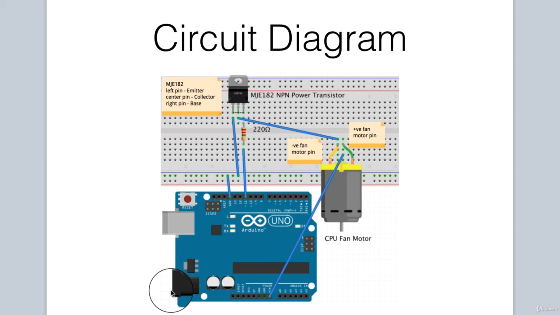This is because in order to drive the motor for our fan, we require a higher voltage and a higher current. You can use an external AC adapter which provides 12 volts that we connect directly to the DC jack of our Arduino to power our fan.